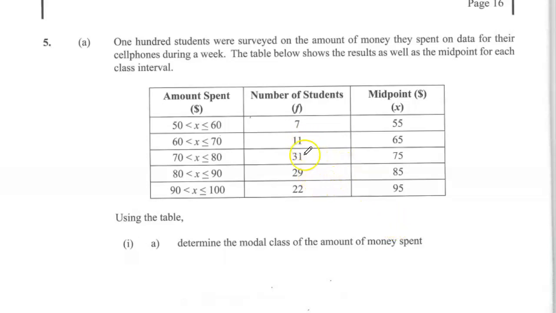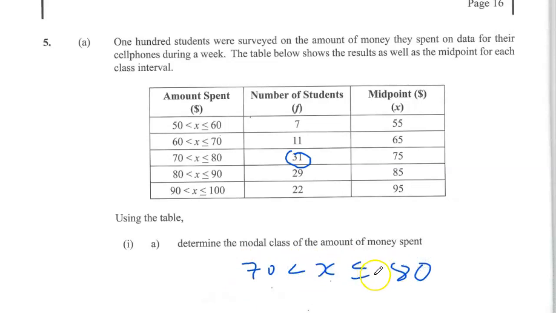So the modal class is the one with the highest frequency. That's this one. So the modal class here is between 70 and 80. That's part A.